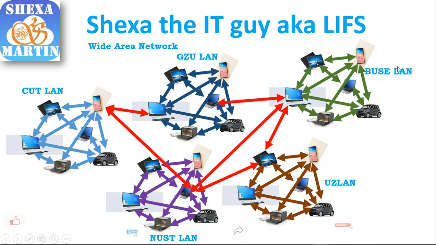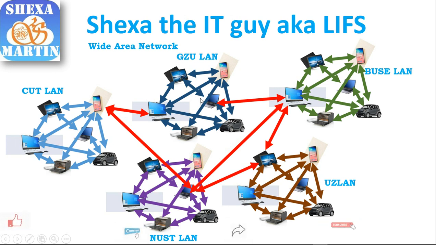These networks are now connected to each other, and we might say there was no internet before, but now we can start to say this is an internet. Why? Because devices are connected to each other, and now a network is connected to another network through these red connections.